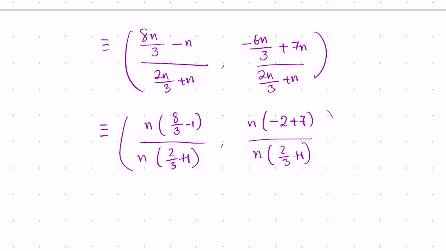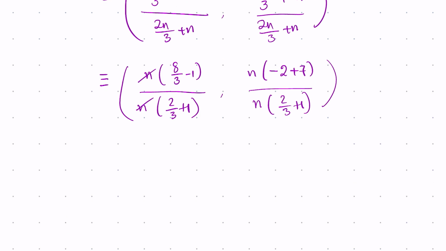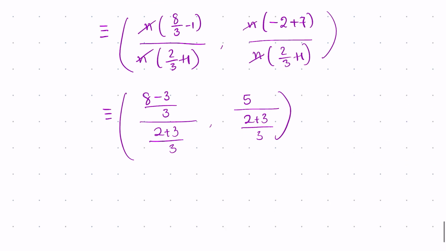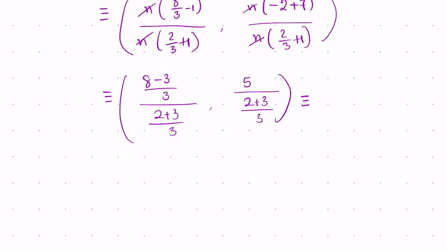Alright, so we cancel the n's here. This is again equal to (8 minus 3) divided by 3, divided by (2 plus 3) by 3, comma, 5 divided by (2 plus 3) divided by 3. So that's our final coordinate, which on simplification gives 5 by 3 divided by 5 by 3, comma, 5 times 3 by 5.